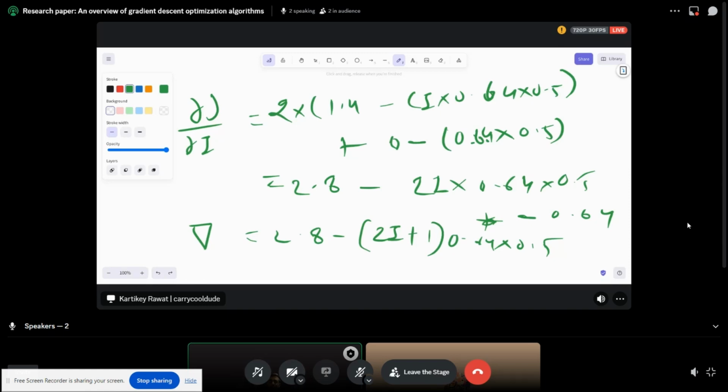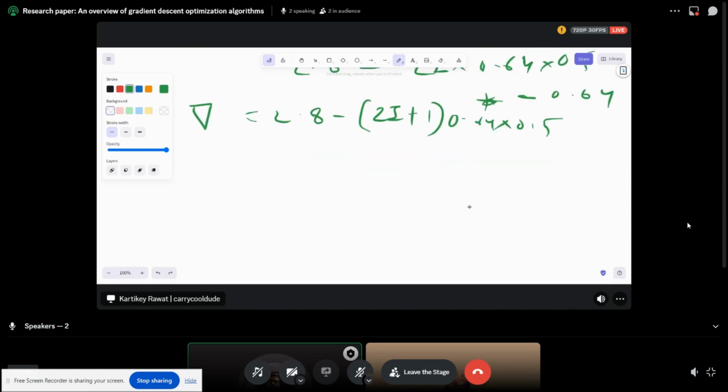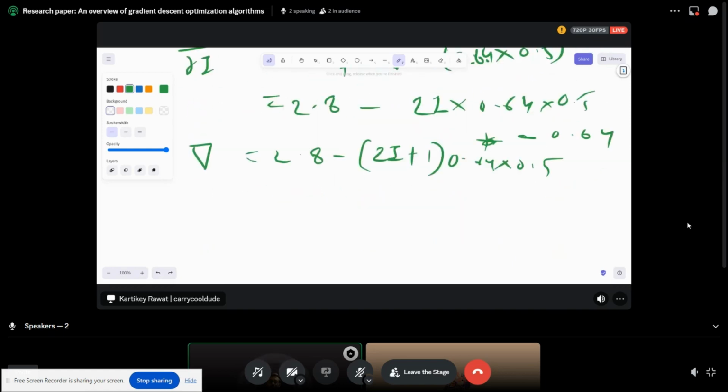But if you consider it from a graph point of view, let's go back to the graph part. Cool. So suppose I created a graph again. Let me change the color. This is the graph, and suppose there is one point where there is a slope behind it, or you can say the local minimum of this function f theta.